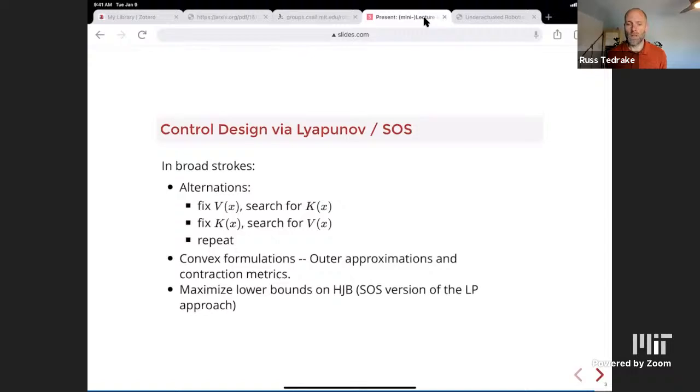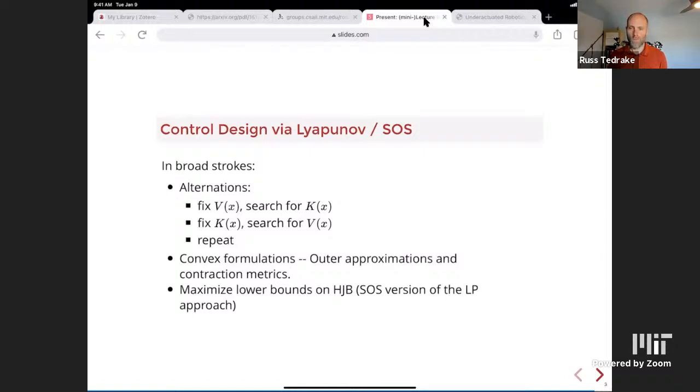Cool. Anything else? I have a question. Yeah. So this alternation approach, in order to find both a controller and a Lyapunov function at the same time, could it be used like in the, just before that you talked about a way to use the S procedure which allows to find lambda and rho.